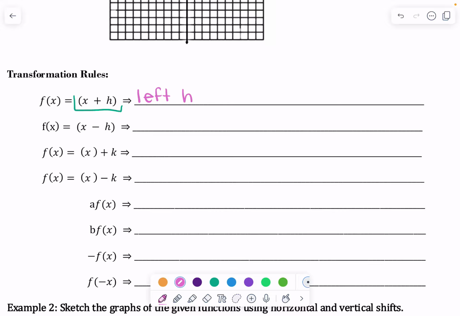Next one, x minus h, that's going right h times. When it's outside the grouping symbols, like these next two, this one is shifting up k amount, and this is going down k amount.